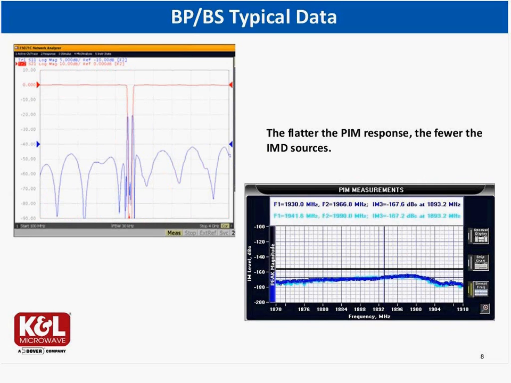Each bandpass bandstop is also measured for PIM. What I would like to mention here is that the shape of the PIM results can sometimes indicate what's going on inside. The flatter the PIM response, the fewer the IMD sources. Here we're starting to talk about mismatches, VSWR mismatches, and IMD sources.